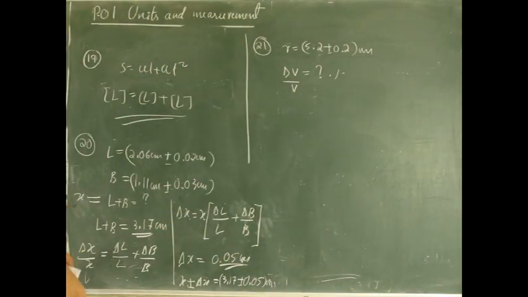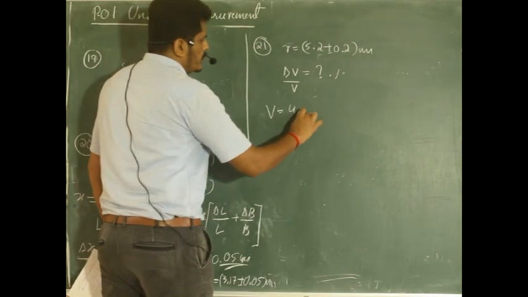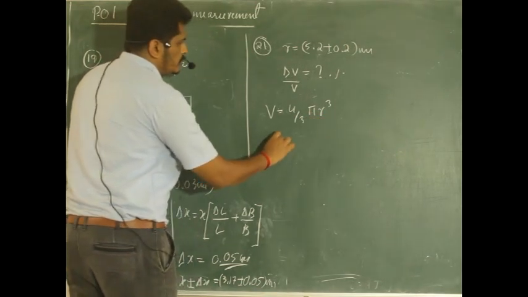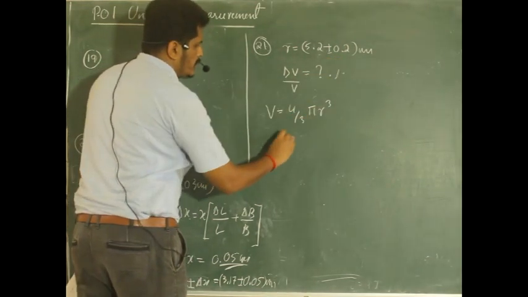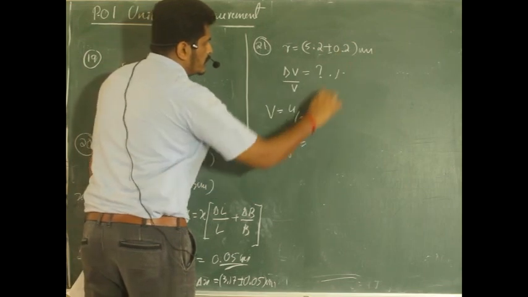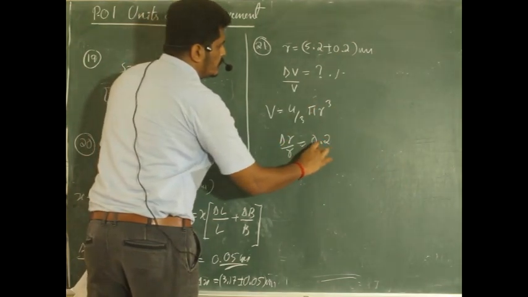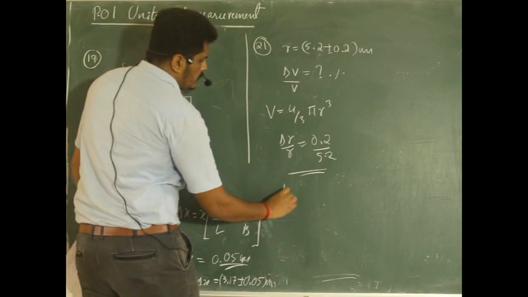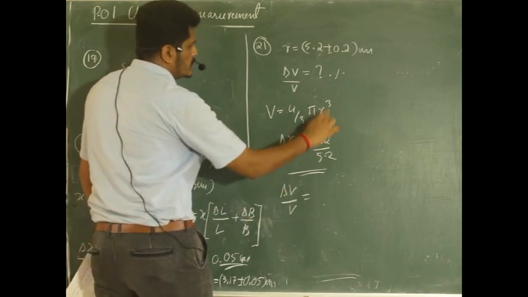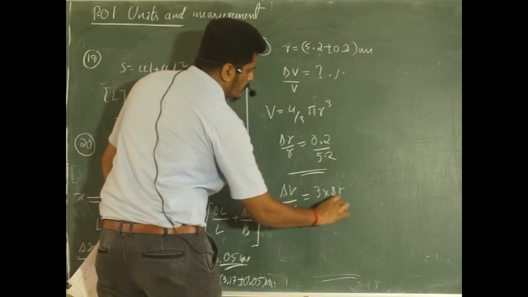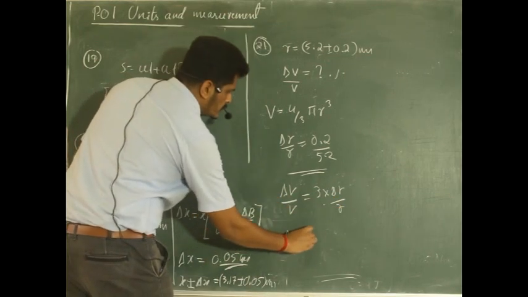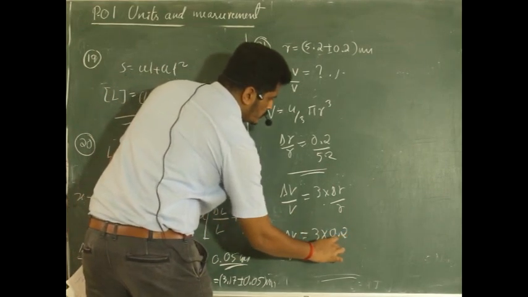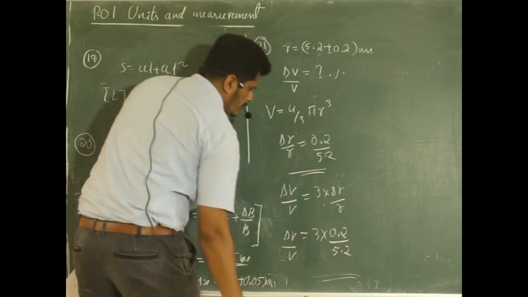Now we know the volume of a ball is equal to 4 by 3 pi r cube. Correct. So here what are we supposed to do? R is given there. So delta R by R means 0.2 divided by 5.2, correct? Next, delta V by V is equal to 3 into delta R by R. So delta V by V is equal to 3 into 0.2 divided by 5.2.